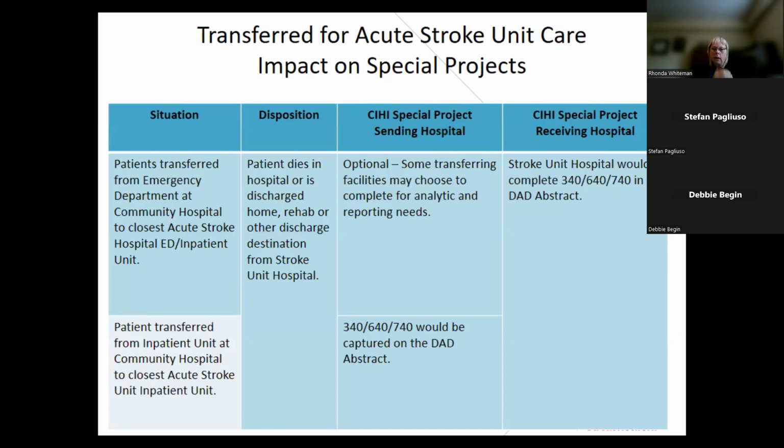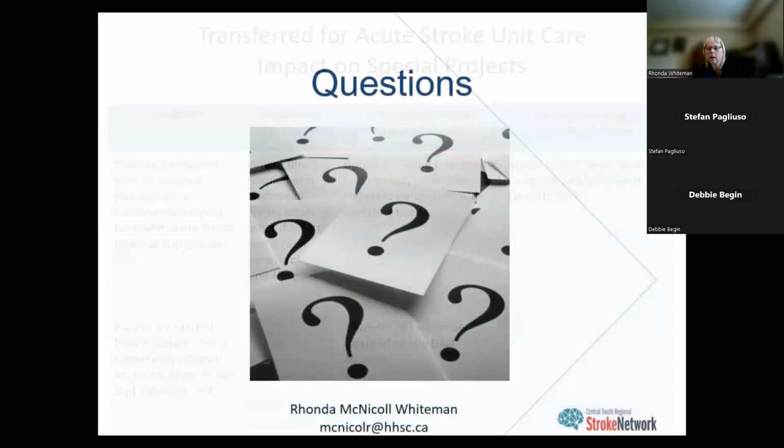If they're going from an inpatient unit at the community to the closest stroke unit hospital, the sending hospital would complete 340, 640 in the DAD. The receiving hospital would complete 340, 640, and 740 in the DAD. And then based on the disposition and discharged, they would complete the projects in the DAD abstract.